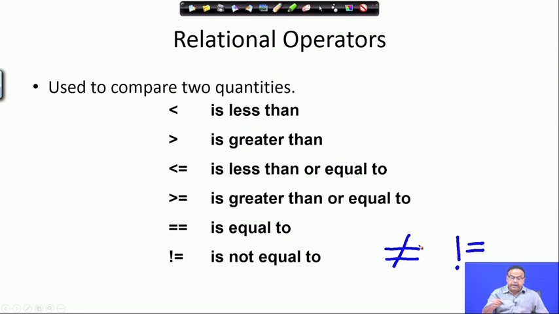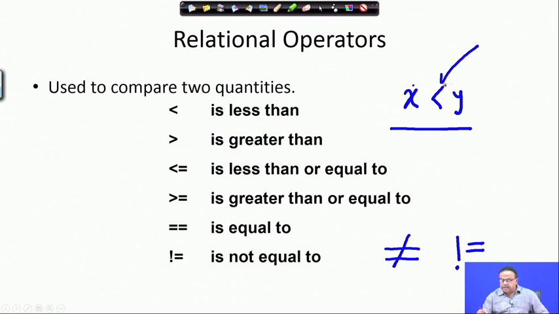Now, a very important thing comes into play. Whenever I am using these relational operators, what do I get? If I write x less than y, now we know that these x and y are two operands, and this is an operator. So, when I carry out some operation, I will be getting some result.